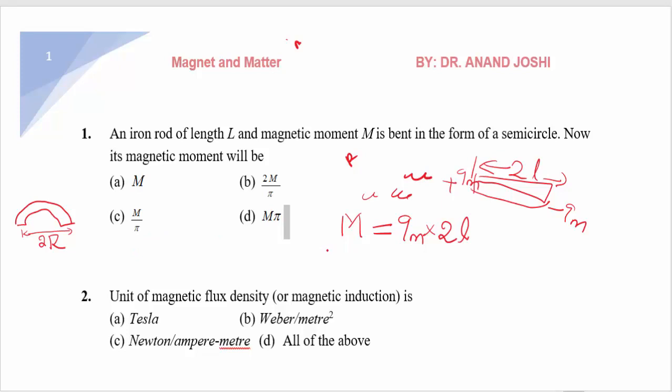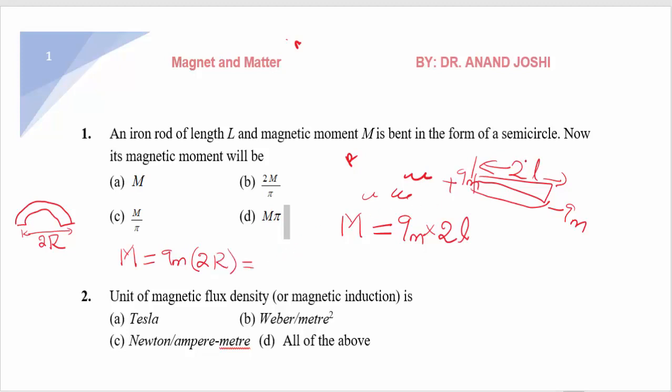If you take the magnetic moment formula, the new magnetic moment M dash equals Qm. Pole strength remains as it is, it will not change. Only the distance will change. The distance will be 2r here instead of 2L.